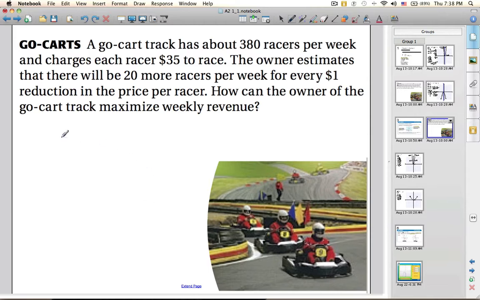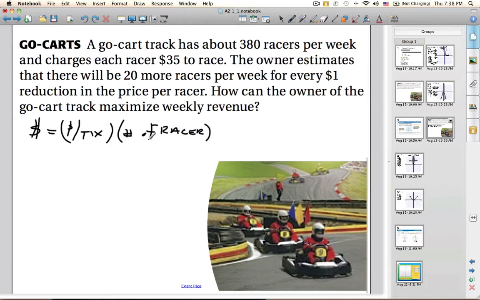So I know that right now I can think that the amount of dollars that this fellow is going to get is going to be the price per ticket, right, times the number of racers, right? So the price he charges each racer times the number of people who come in.